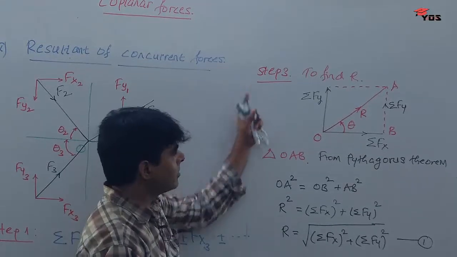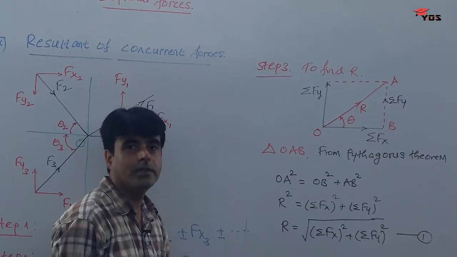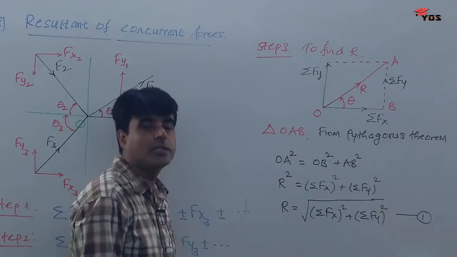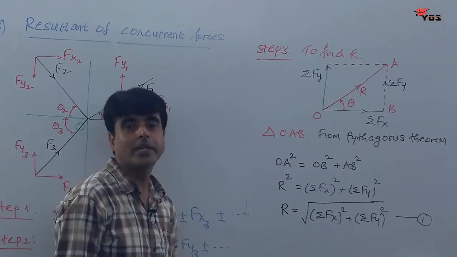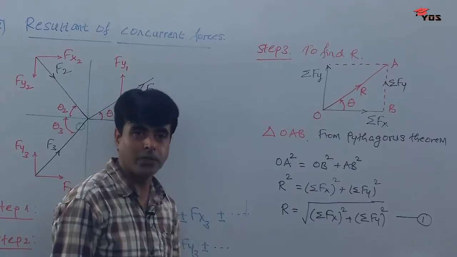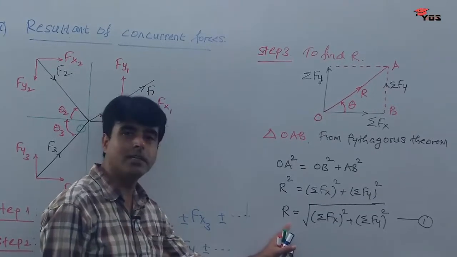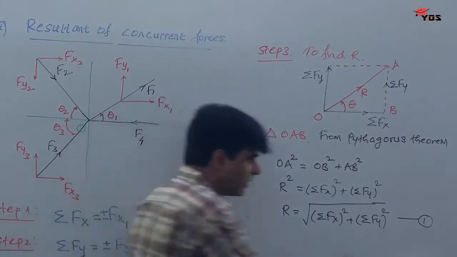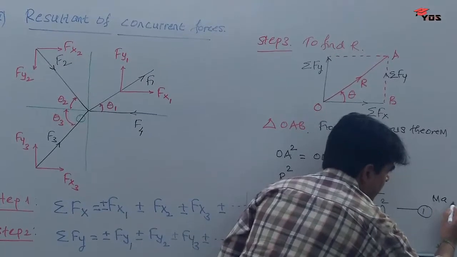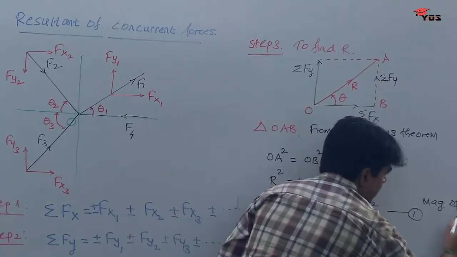Now final step, after getting step 3, the last step is finding its direction, because you know resultant is also a force, it is a vector quantity, it is having both magnitude as well as direction. So magnitude of resultant is given by equation 1. So this will give you magnitude of resultant.